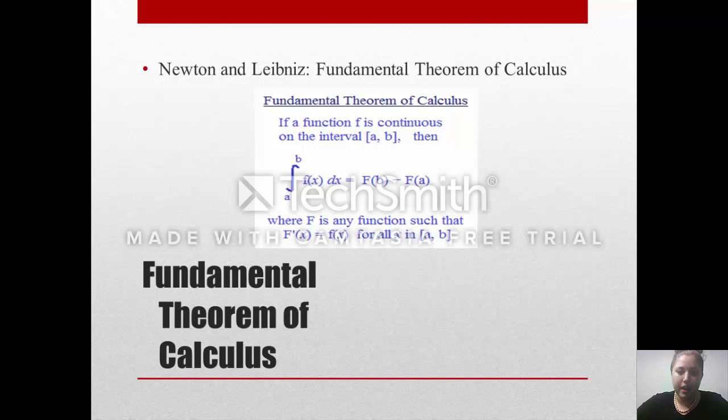It states that if a function f is continuous on the interval a to b, then the integral from a to b of f of x dx equals its antiderivative at b minus the antiderivative at a, where F is any function such that F prime equals little f for all x in a to b.